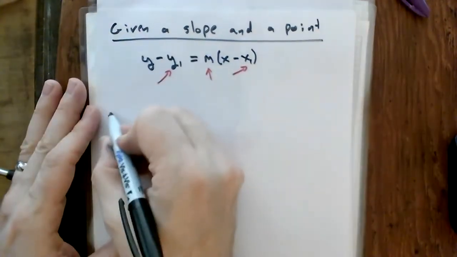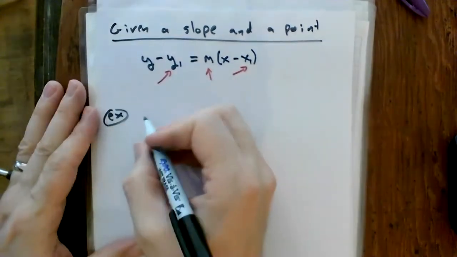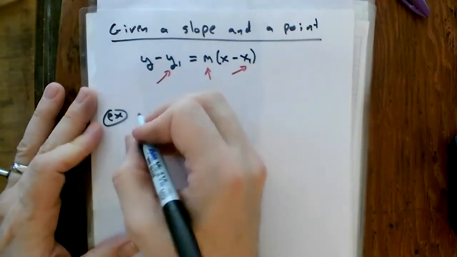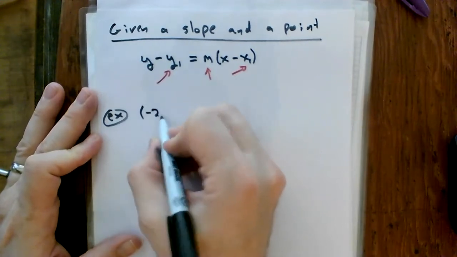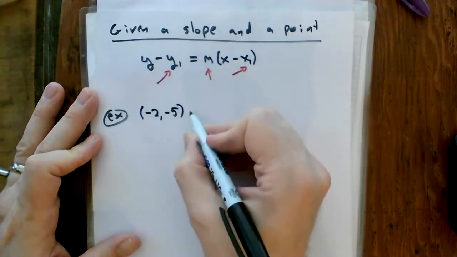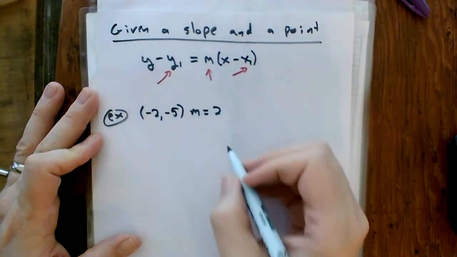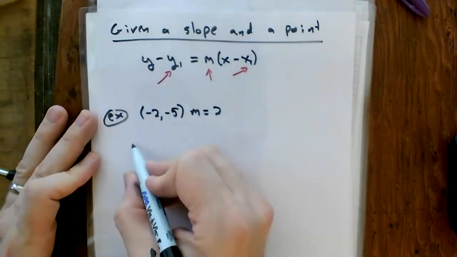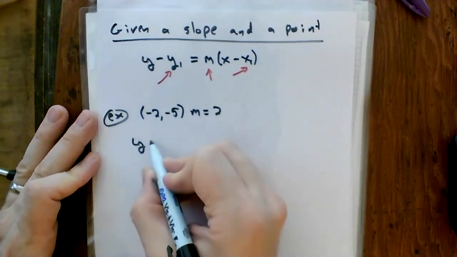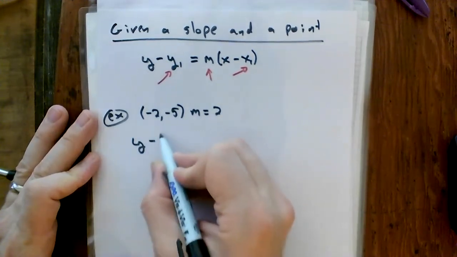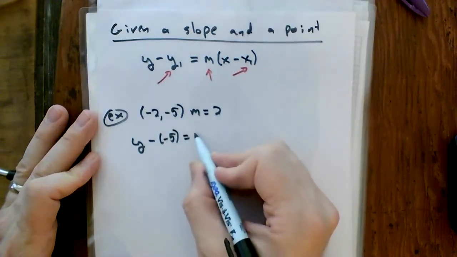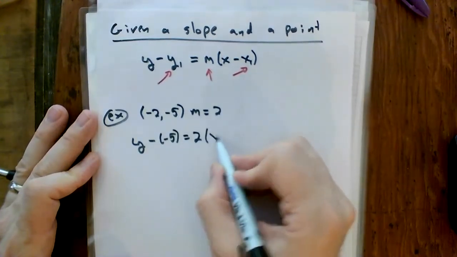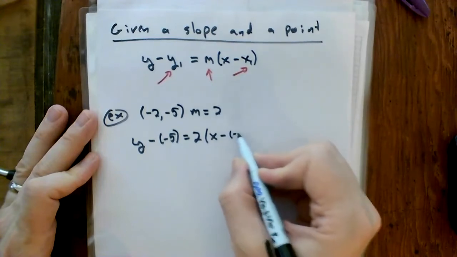Let's say that we have something like this, and I'm going to choose something that's going through -2, -5, and I've got a slope of 2. Okay, well, this is going to be y, and I've got minus this -5. My slope is 2, and it's x minus a -2.